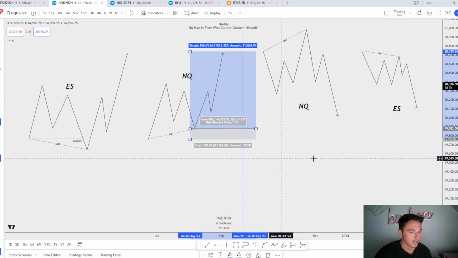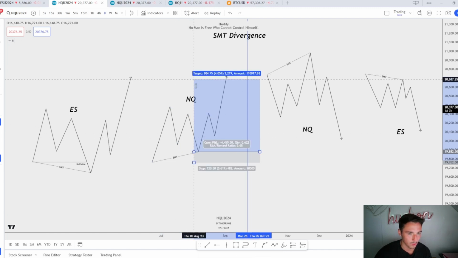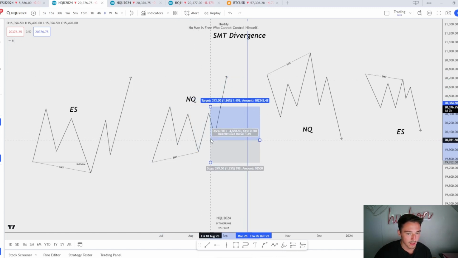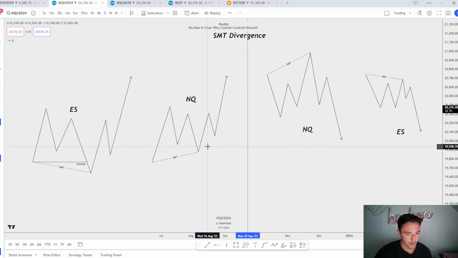But if you don't want to have the risk of souping lows, you can wait for the displacement leg and then a fill of an imbalance or a CISD, whatever you want to do. So if you want to wait for that displacement leg and then enter here, you can do that instead of trying to soup a low. So right here, whenever we don't take this low on NQ, we can anticipate that we will probably be going to this high. So right here is a bullish divergence between ES and NQ.